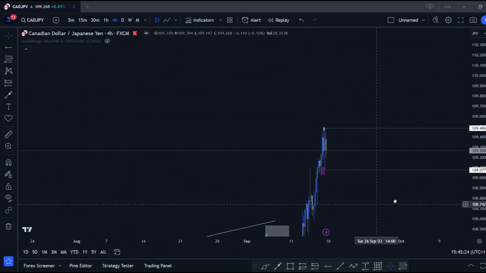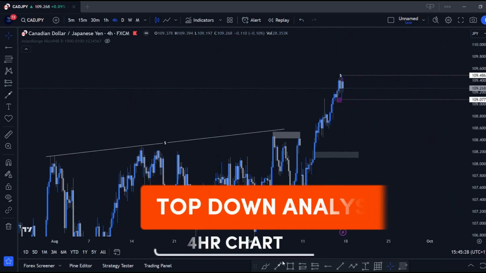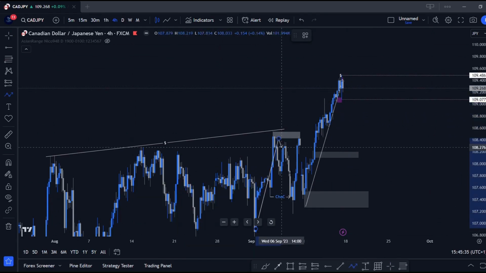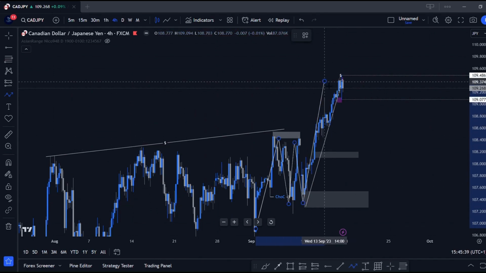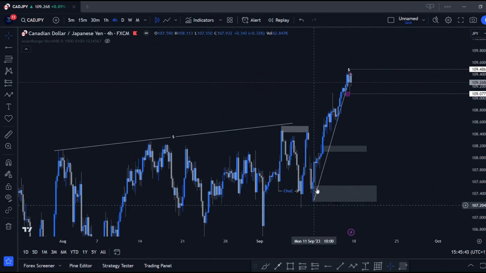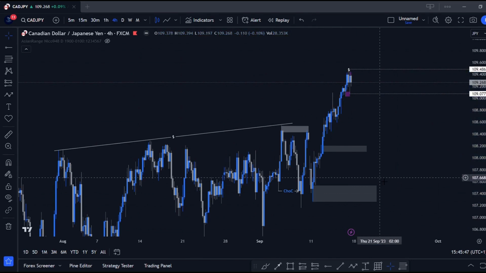We see that the market is currently in a very strong bullish structure. As you can see, price has been showing higher lows, higher highs. So off rip, we know that price is very bullish, which is good for the Canadian dollar, because fundamentally speaking, the Canadians have been increasing the interest rate, as many other countries have been doing.